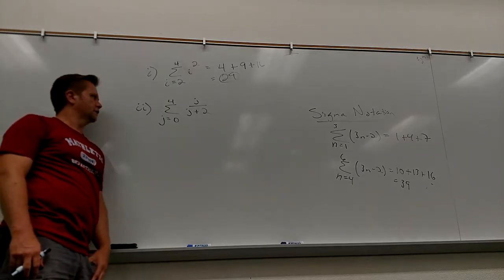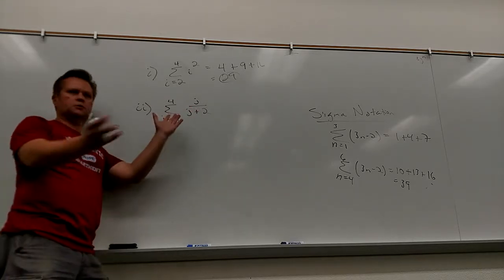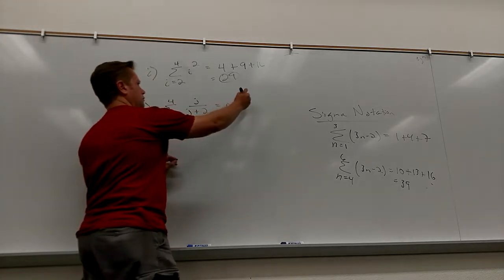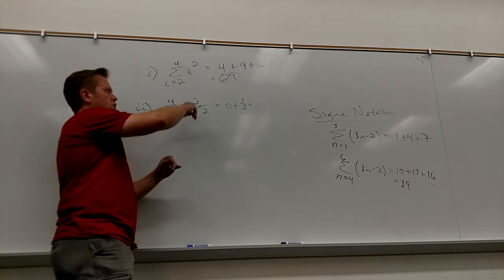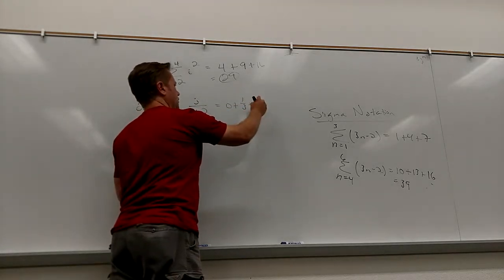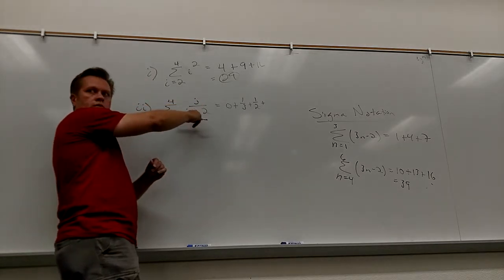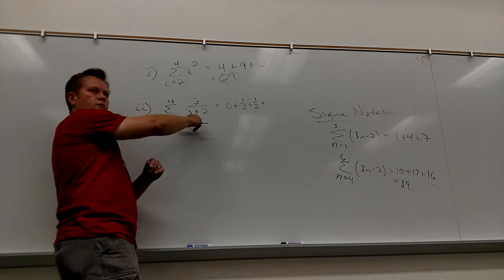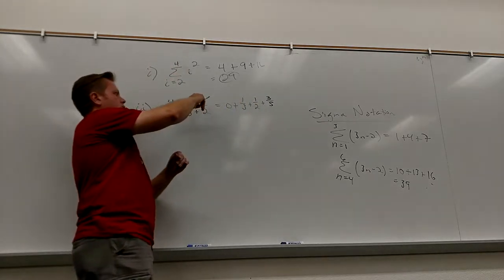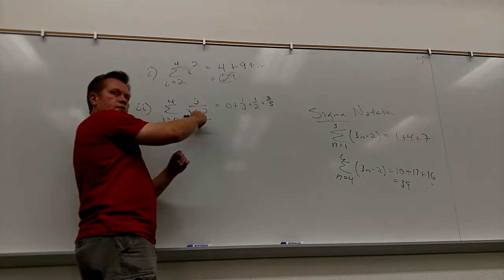Comes out nice. It's really nice. When j is 0, what do you get? All right, sweet. So you get 0, plus when j is 1, 1/3. j is 2, you get 2/4, so 1/2. j is 3, you get 3/5. And when j is 4, 4/6, which is 2/3.